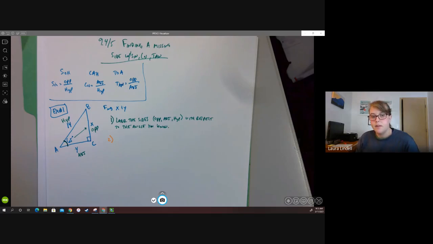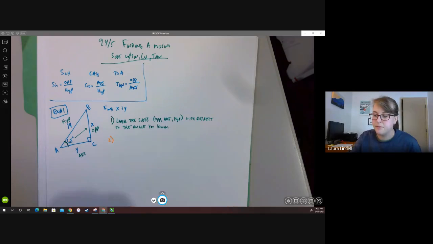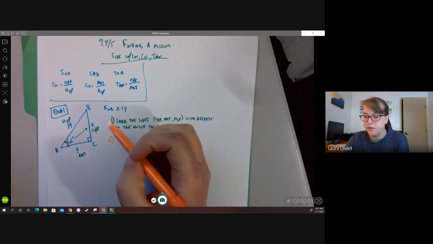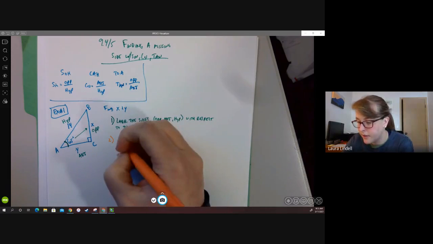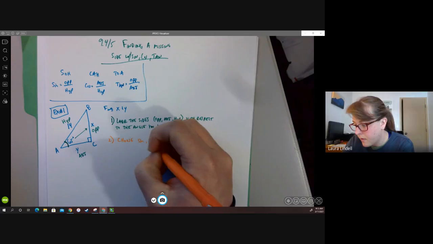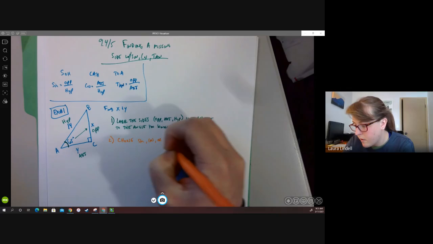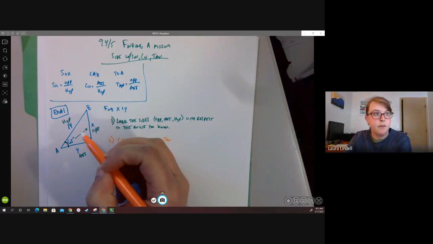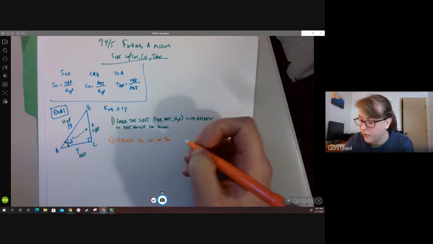For finding X and Y, I'm going to go through these steps separately for finding X and separately for finding Y. To find X, we want to choose the trig function, sine, cosine, or tangent, based on the side that we know and the side that we're looking for.